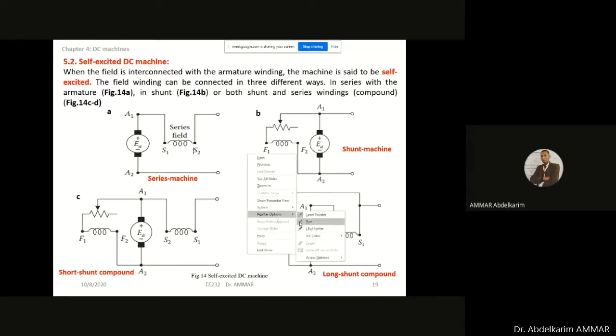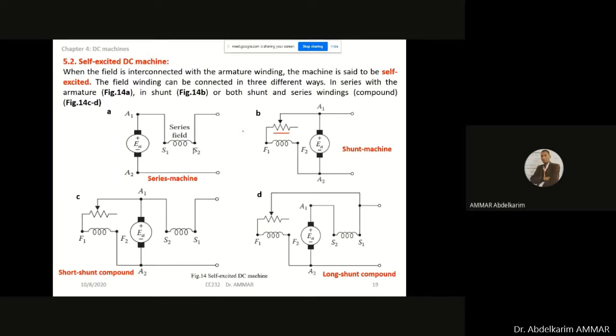In the shunt configuration, we add a resistance because the shunt field winding is a low current winding. So we add this resistance, a rheostat, a variable resistance, to reduce the current to the shunt winding.